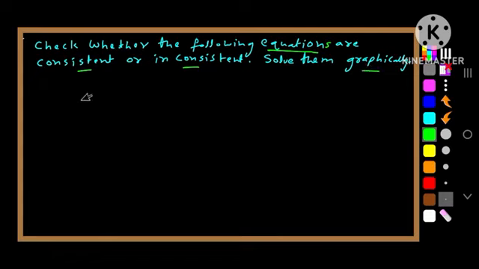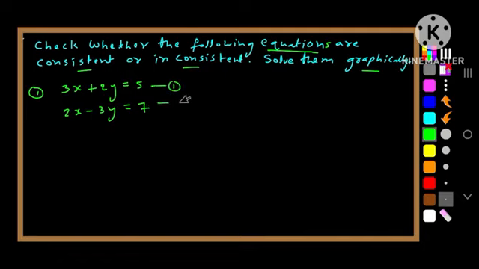Now let us see one example. 3x plus 2y is equal to 5. 2x minus 3y is equal to 7. So these are the two equations.